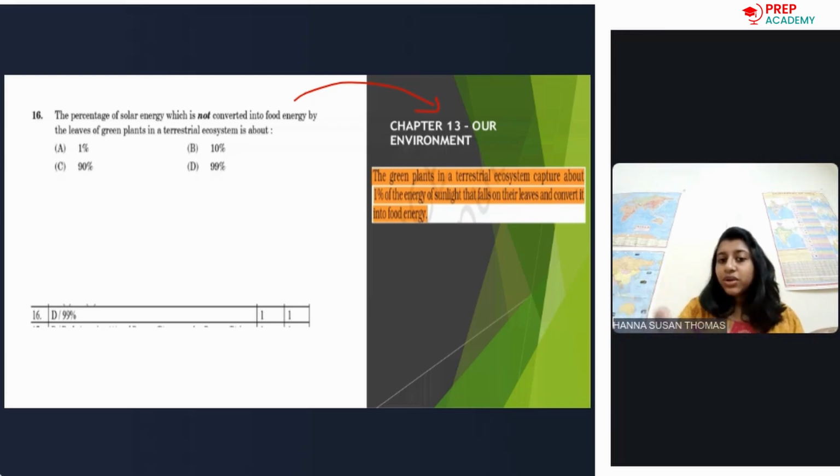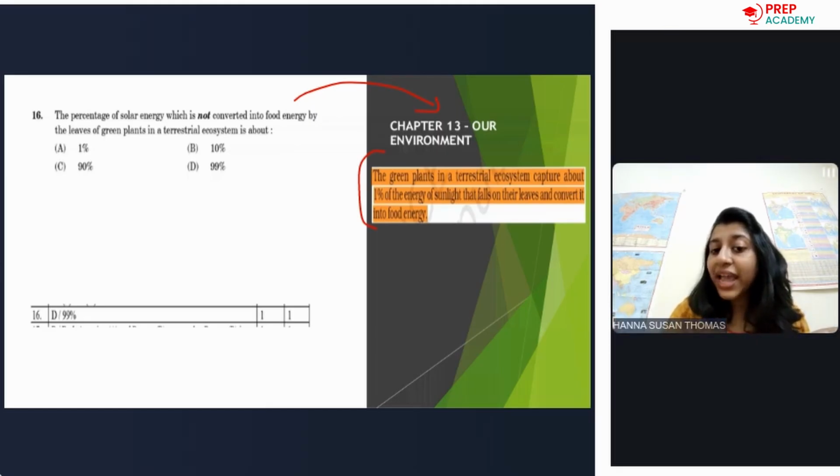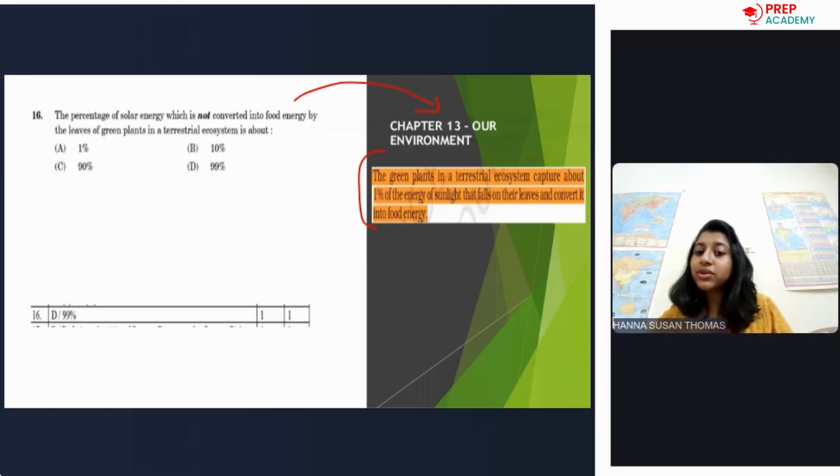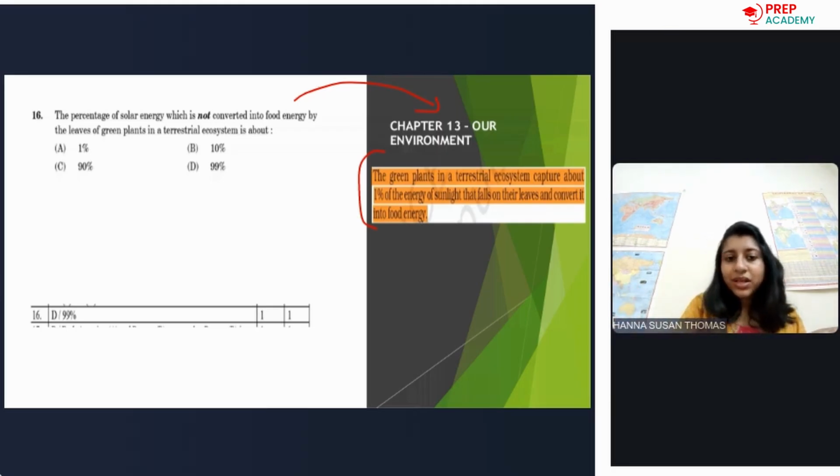Here you can see a screenshot where you can read this statement: the green plants in a terrestrial ecosystem capture about 1% of the energy of sunlight that falls on their leaves and convert it into food energy. What does this mean?